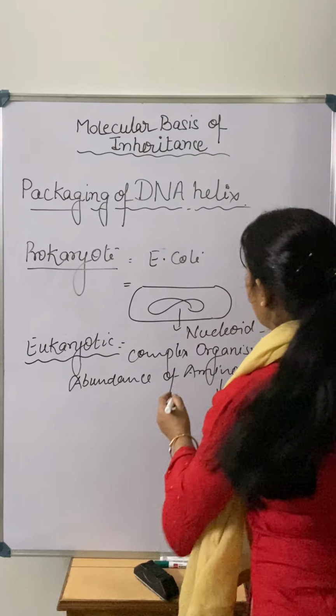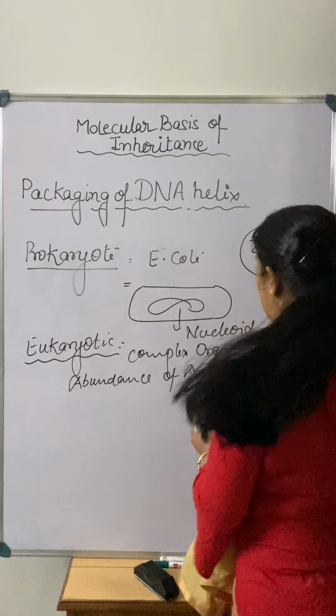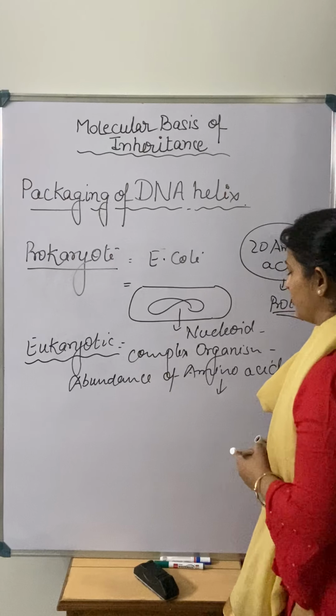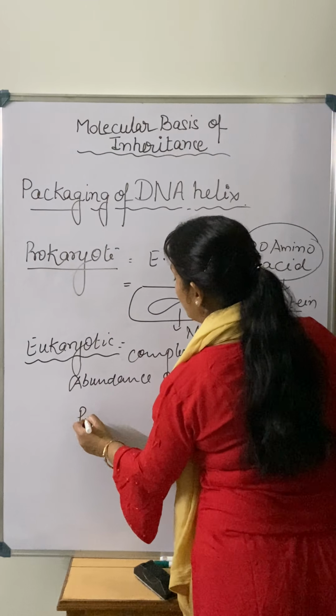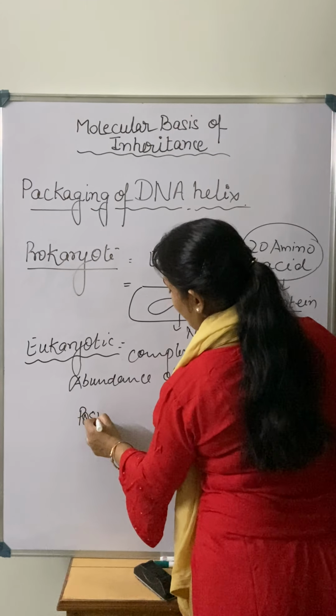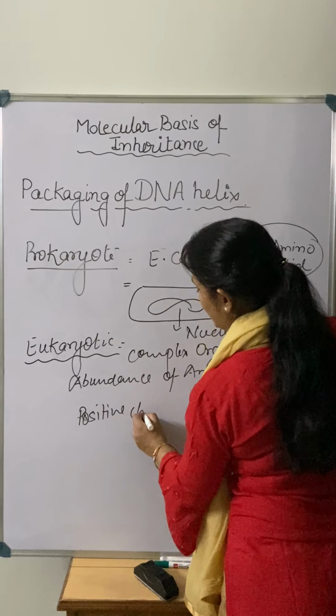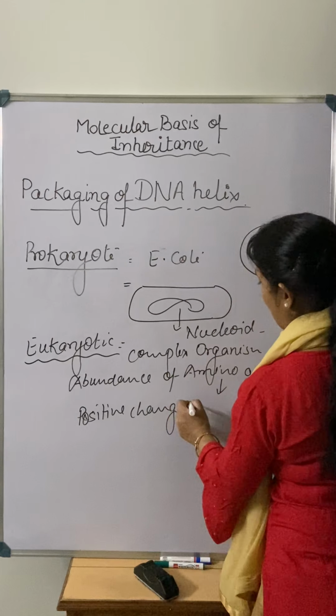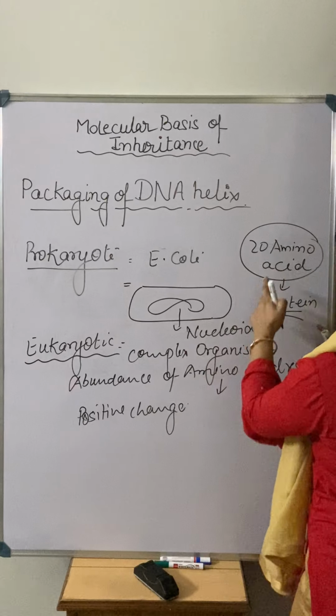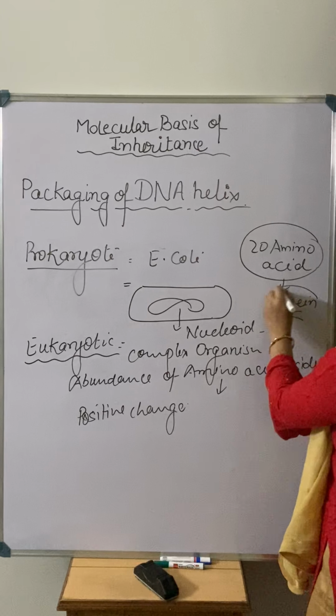Due to the presence of the free side chain, if we look at the structure of the amino acid, they make what? They make a positive charge, right? Positive charge. And as I told you right now, amino acids help in the formation of the protein.